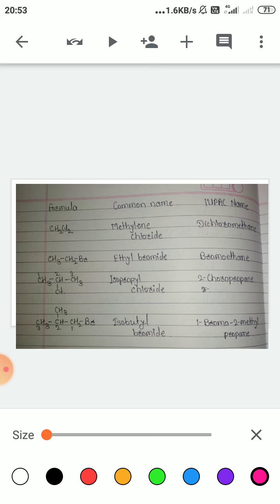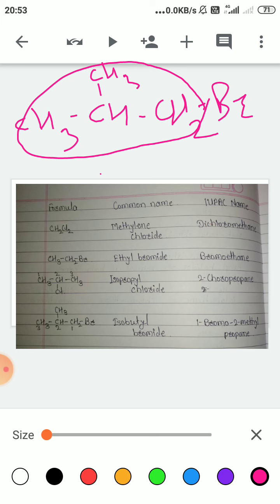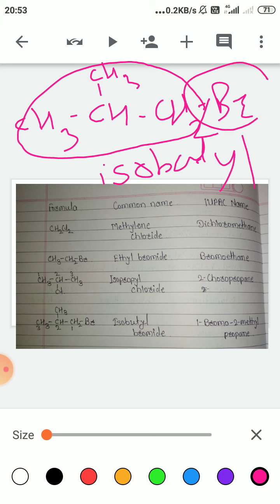Now we have CH3, CH3, CH2, Br. You have to remember this group is called isobutyl, and as it contains the bromine atom, bromide.